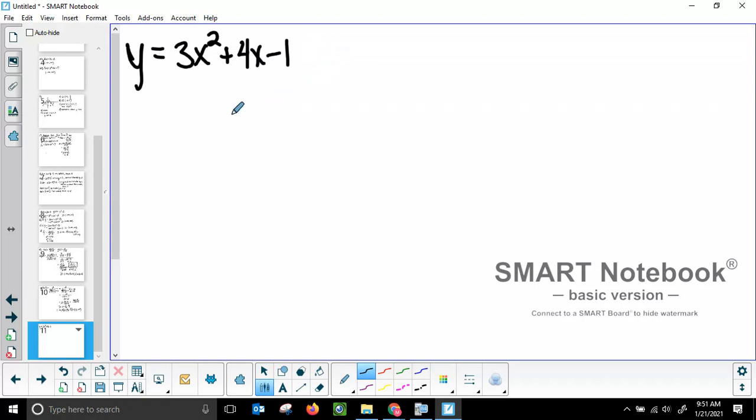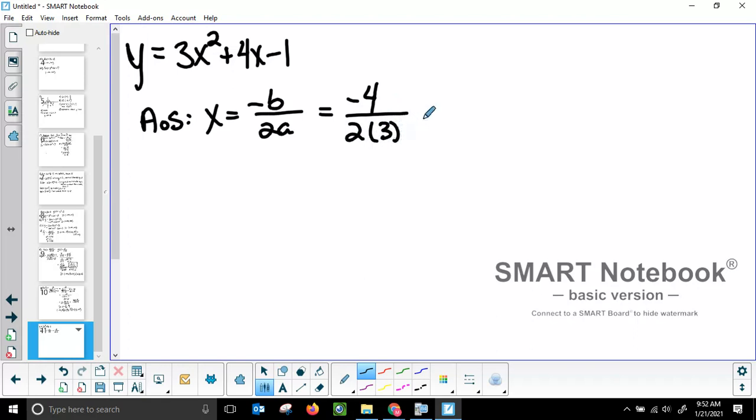All right, so the vertex, well, first we really actually have to find the axis of symmetry, because that actually helps us find the vertex. And that is x is equal to negative b over 2 times a, which in this case, negative our b is 4 over 2 times a is 3. Right, so my axis of symmetry, x is equal to negative 4/6, which reduces to negative 2/3.